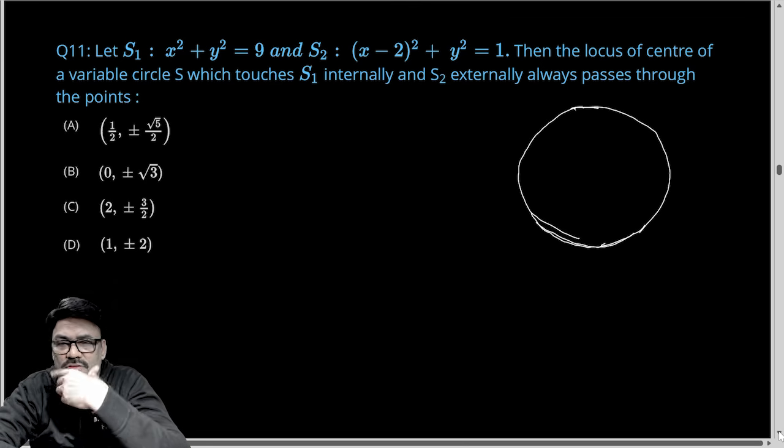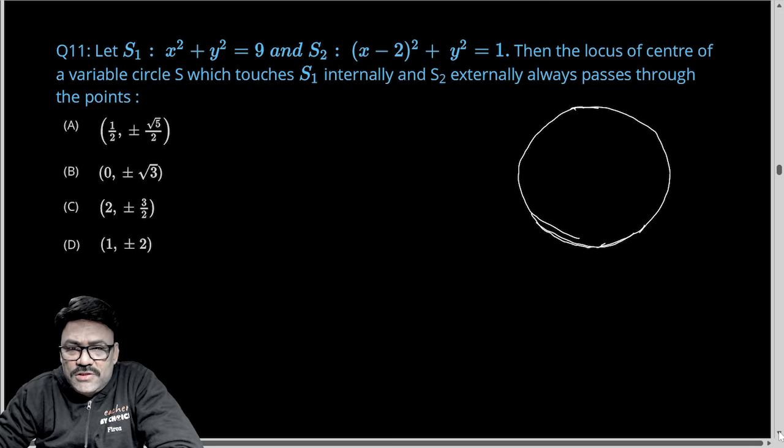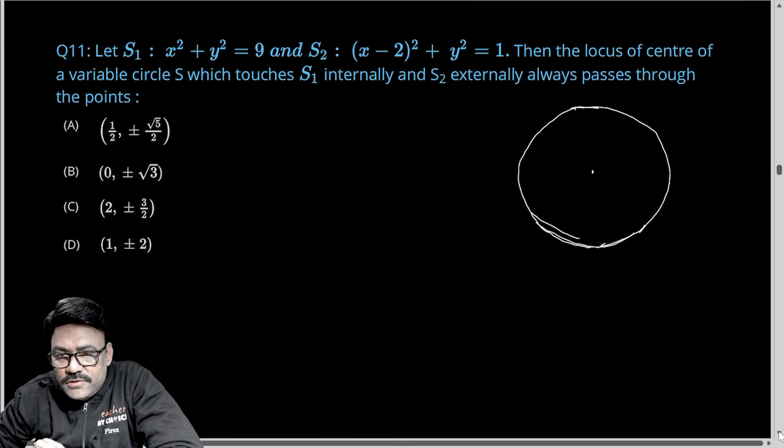And this circle with center at 2, 0, radius 1, in fact, both these circles will be touching each other internally. Actually, see, the center of the first circle is origin. Radius is 3. So obviously, this point is 3, 0.